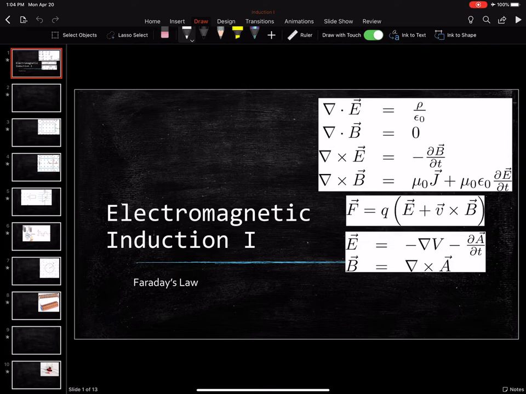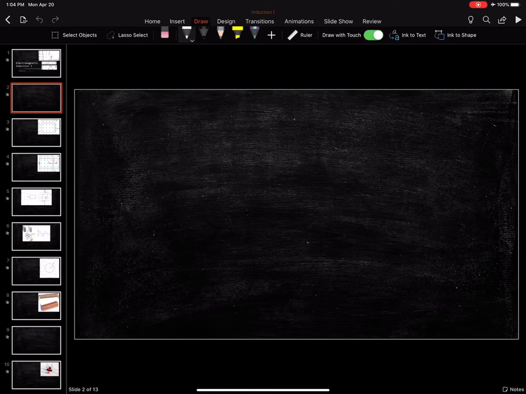Okay, and so we start today. We'll have a couple of lectures on induction. This is the first one. So far we've been discussing the equations that we've got for our static situations, not solutions, but equations.